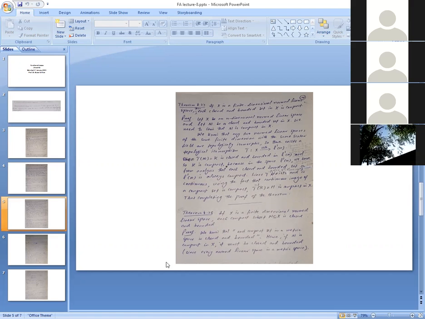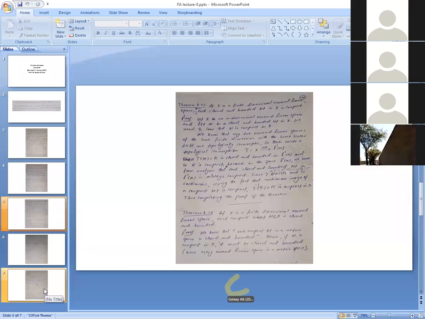Right, now we can combine these two results. The first result says that if X is a finite dimensional nonlinear space, then each closed and bounded set in X is compact. And by the second result, if X is a finite dimensional nonlinear space, then each compact subset M of X is closed and bounded.